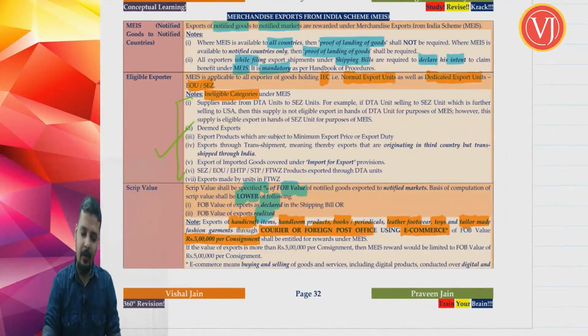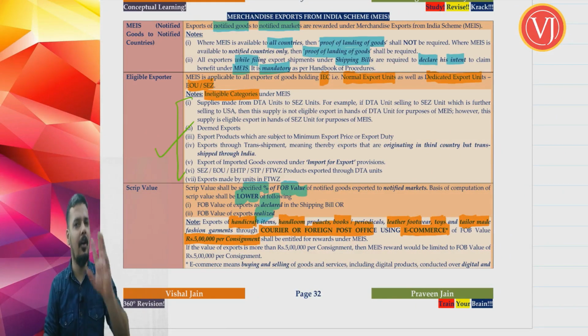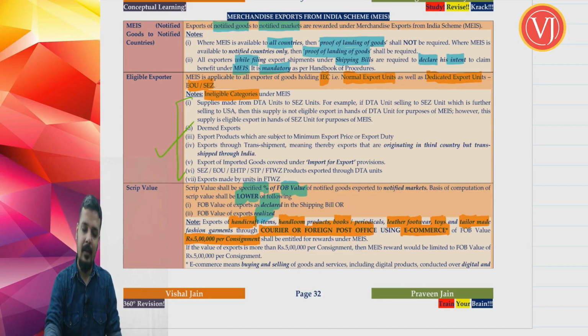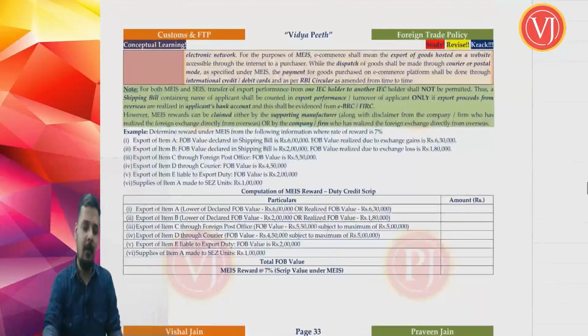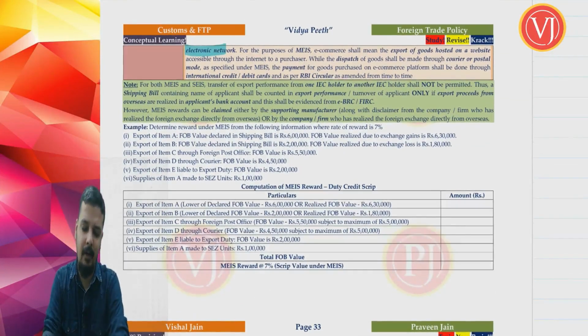And friends, when you talk about electronic commerce, we have already discussed the meaning of electronic commerce in your GST. Electronic commerce means buying and selling of goods, including services and digital products, over a digital or electronic platform or facility. And for the purpose of MEIS, the goods are posted on a website.